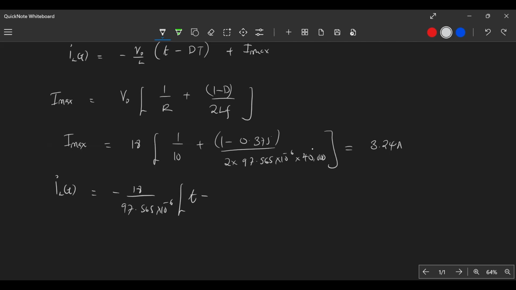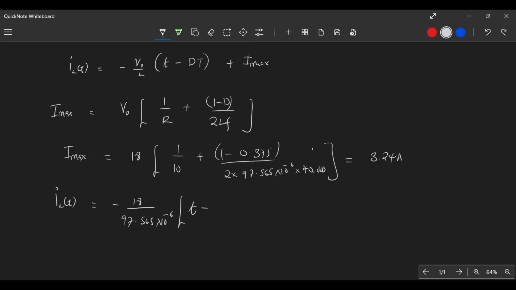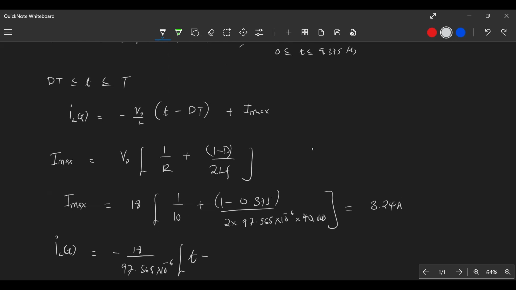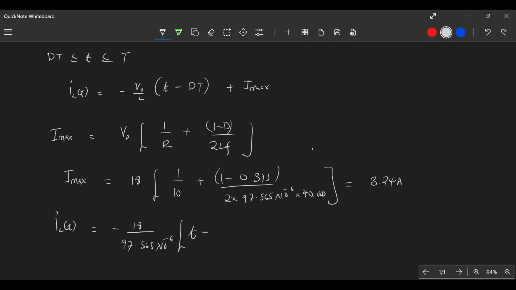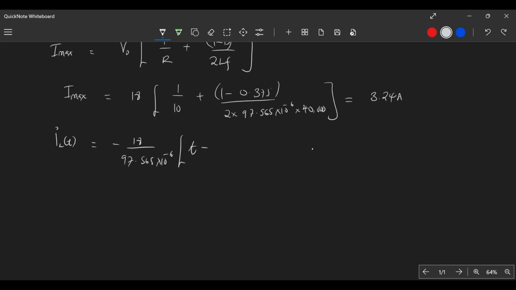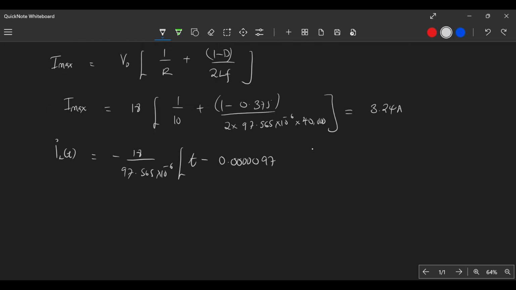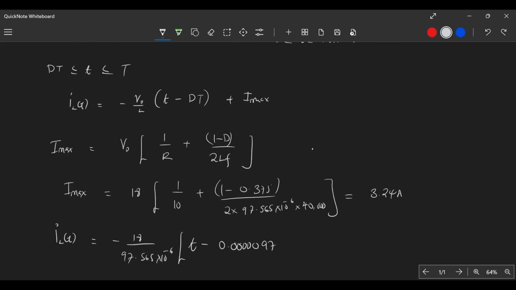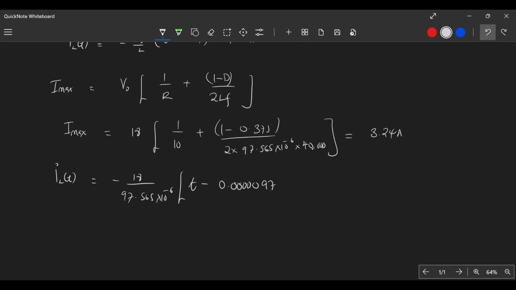D times T is this period here, which we found to be 9.375 microseconds, about 0.000009375, plus I max. I max is 3.24.